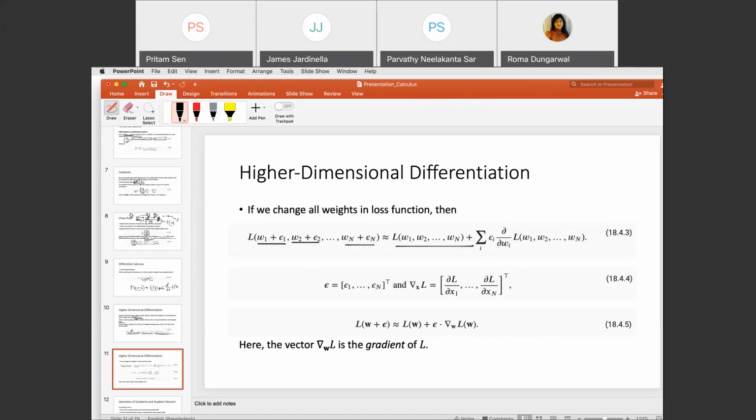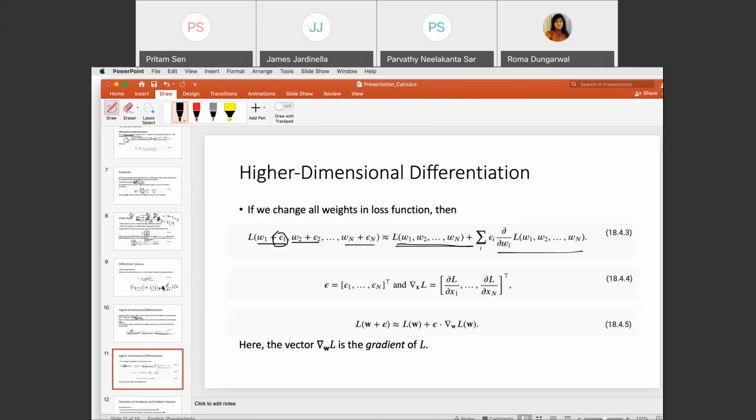We keep the previous function and this change, and multiply it with the derivative of the loss function. If we accumulate all, we can present it as a sum of all of these changes. That means each derivative multiplied with each change, and we just sum all of this together.